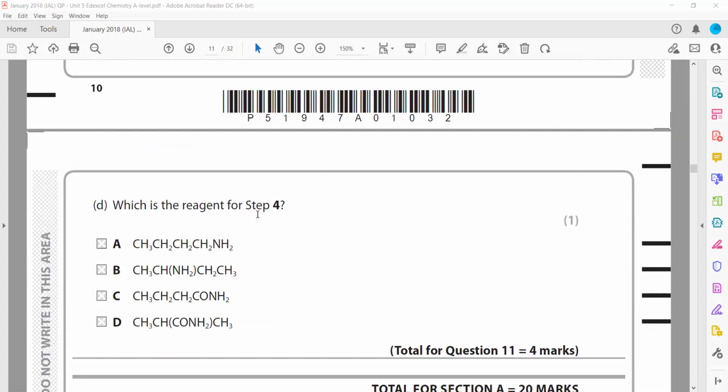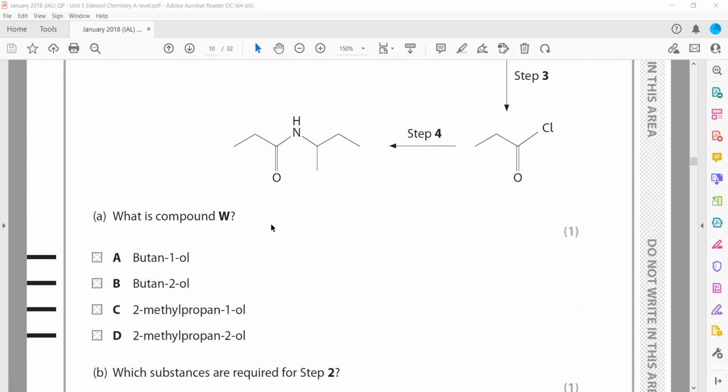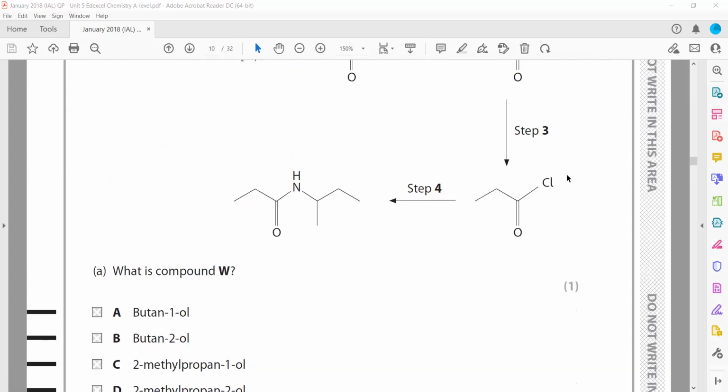And what is the reagent for step 4? Look, this is the same idea: we have an acyl chloride and we want to produce an amide, so there should be an NH group. How many carbons are there?